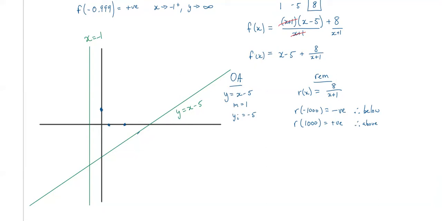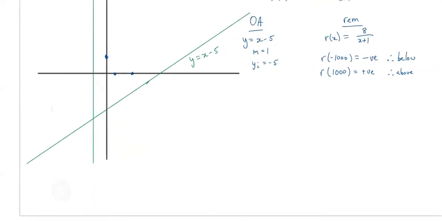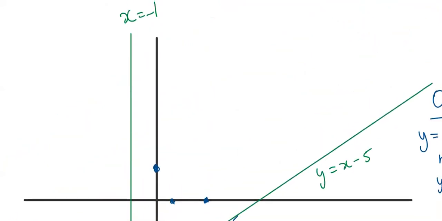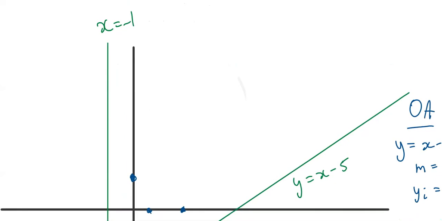I'm going to pencil in the behavior around my asymptotes. So as I approach -1 from the left, I'm going to negative infinity. So that's here. And as I approach -1 from the right, I go to positive infinity.